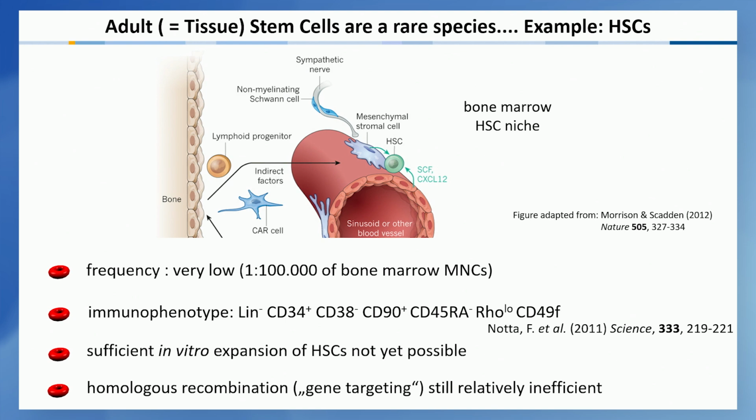This is a paper from some years ago, from a mouse at least, but also from humans in the meanwhile, where these cells have been nicely defined. But in routine in the clinic, we still just use the surface antigen CD34, which contains many progenitors also, and is not a pure stem cell population.